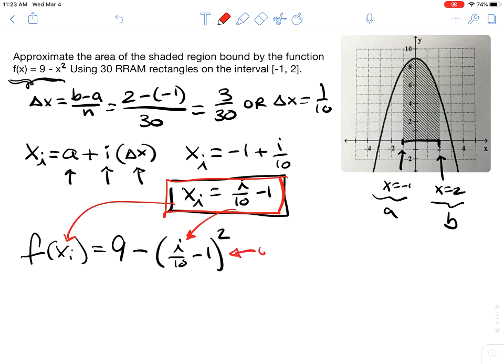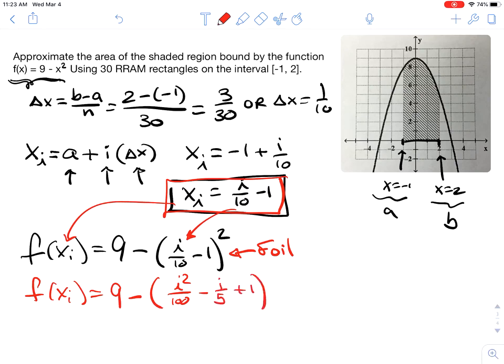Now we would like to FOIL this to simplify the algebra. So f of xi is equal to 9 minus, and when we FOIL this, we get I squared over 100 minus 2I over 10, which is I over 5, plus 1. So that has been FOILed, and now we can distribute this negative through the parentheses.